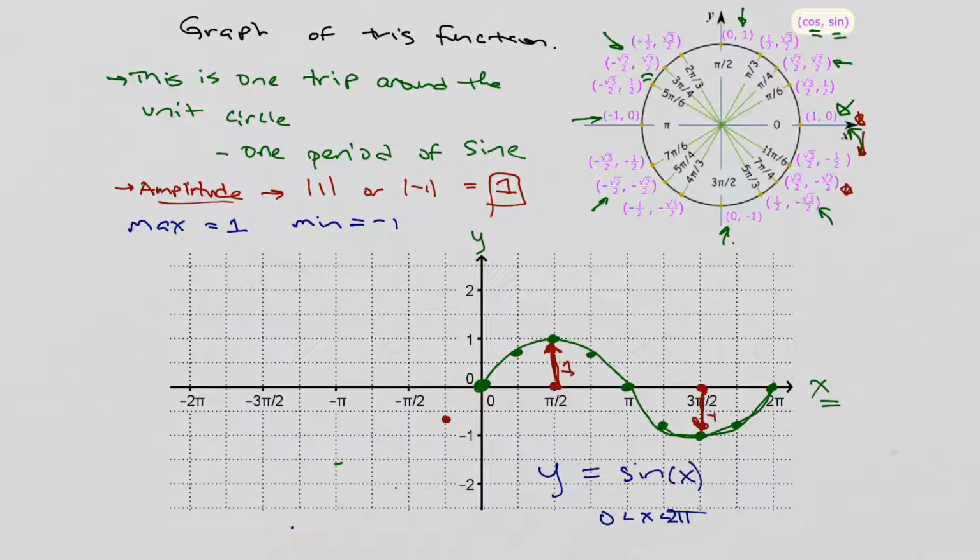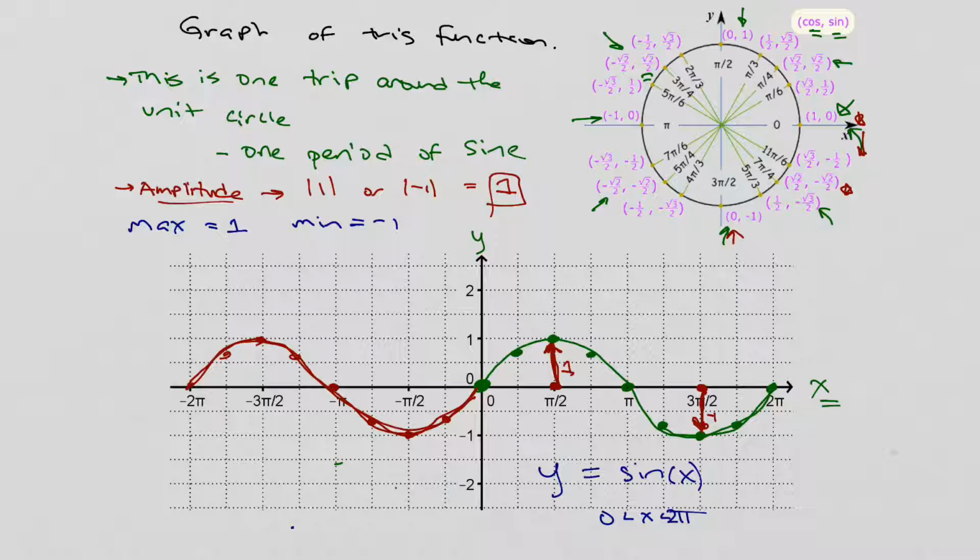At negative pi over 2, I get negative 1, and so on for all of these. Then when we connect the dots, it looks exactly like that green one, like the Christmas look I got here.